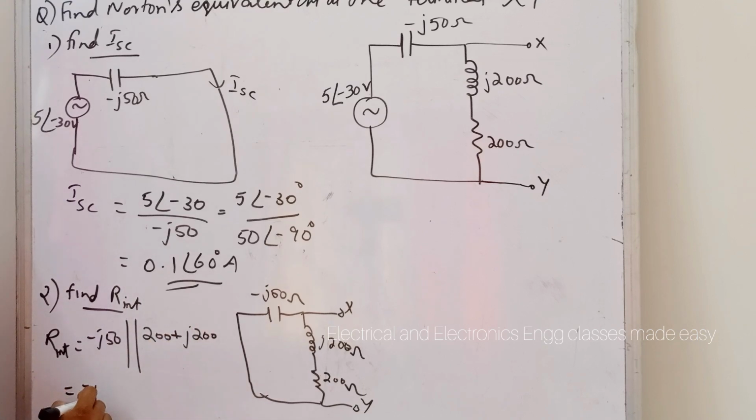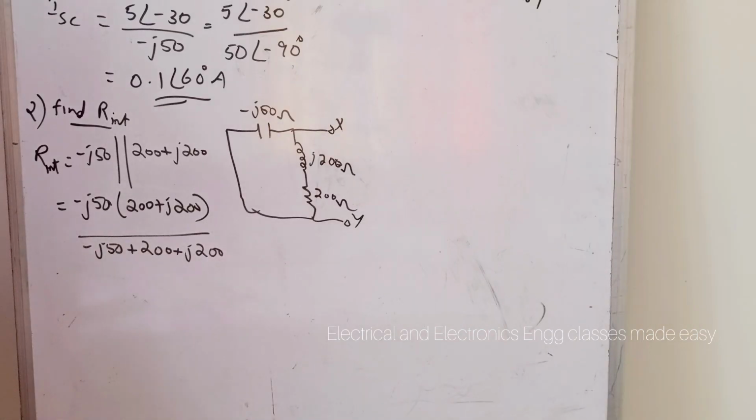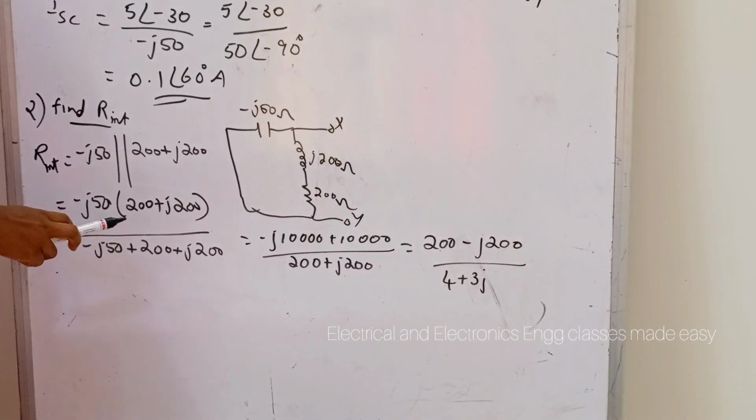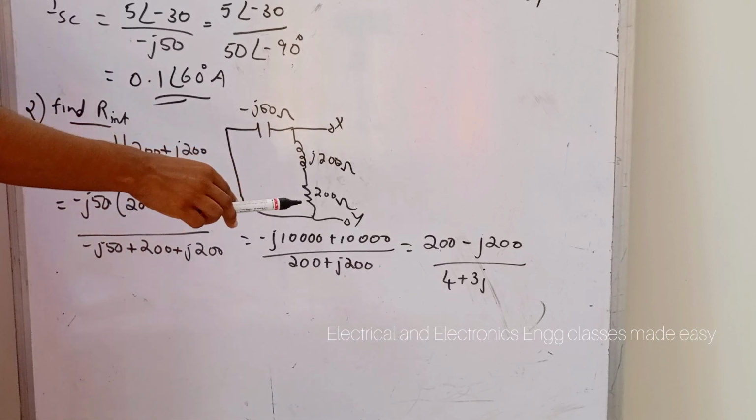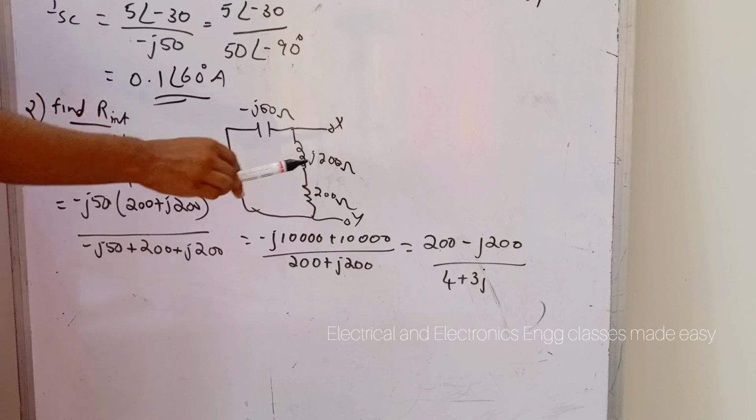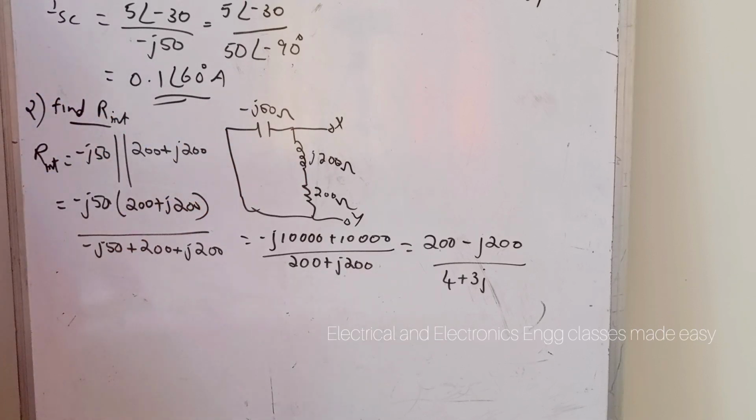Here we can write minus J50 into 200 plus J200, divided by minus J50 plus 200 plus J200. After multiplying minus J50 with 200 plus J200 and simplifying, we will get 200 minus J200 divided by 4 plus 3J.